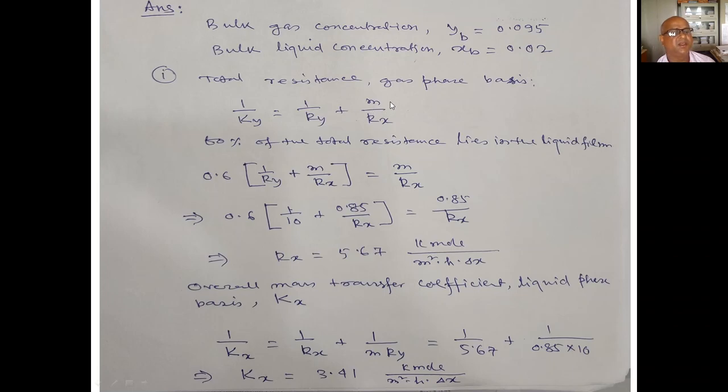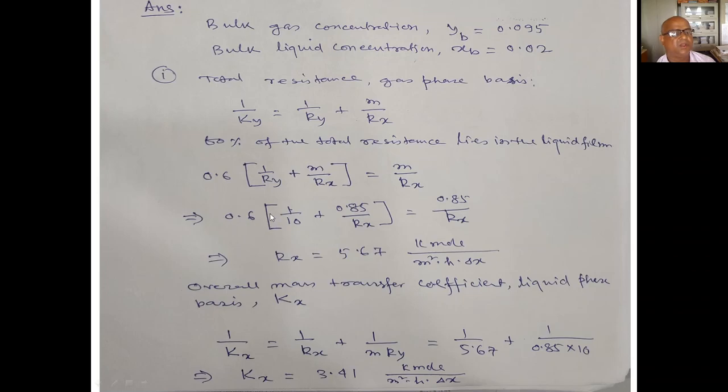Here m is the Henry constant. 60% of the total resistance lies in the liquid phase. So this is the total resistance, and 60% of this is coming from the liquid phase. What is the liquid phase resistance? This is equal to m by k_x.